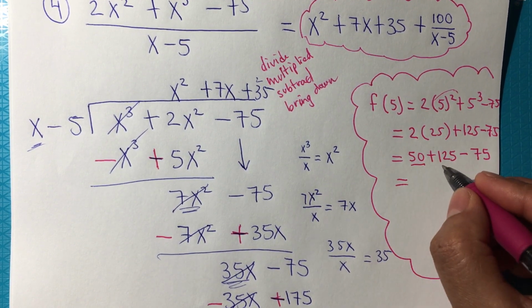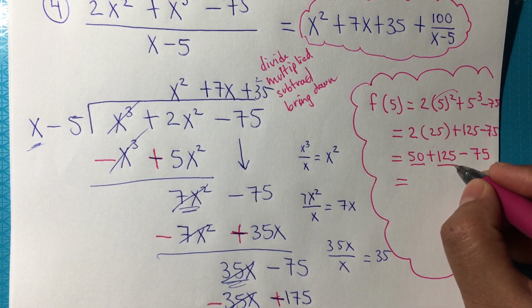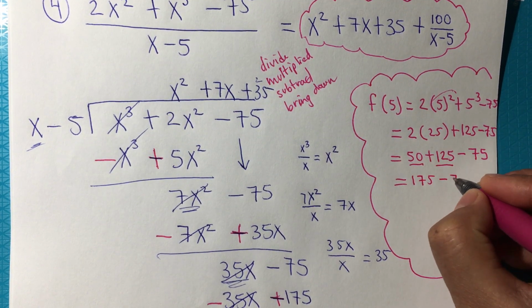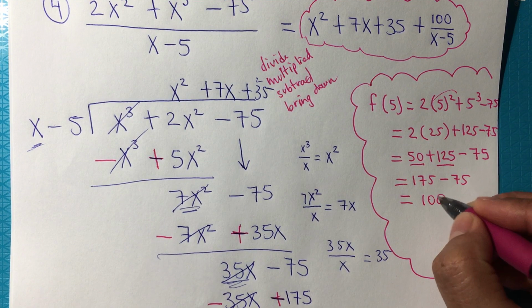We add 50 plus 125, that's 175 minus 75, and that equals 100.